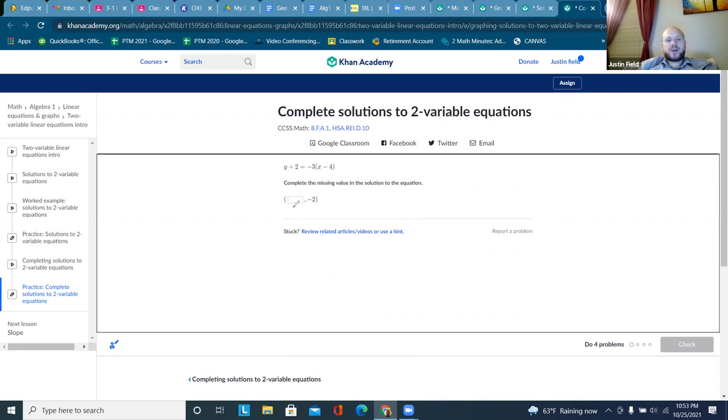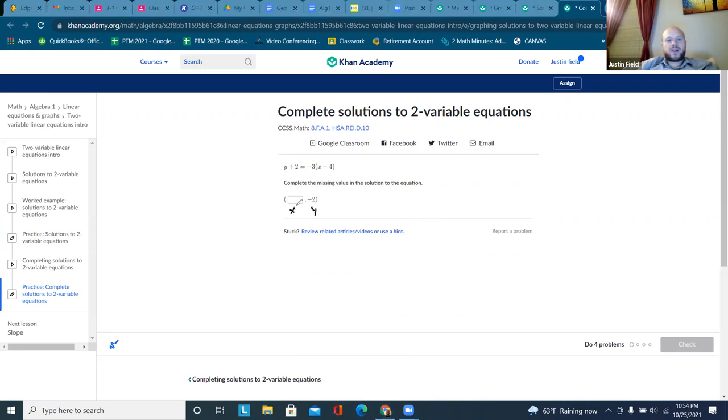This is an ordered pair, and they have not given you the x, but they have given you the y. So what we do is we take this equation, which I am writing over here, and what are we going to do with this equation? Can anyone tell me? Okay, what we're going to do is substitute in -2 for y.